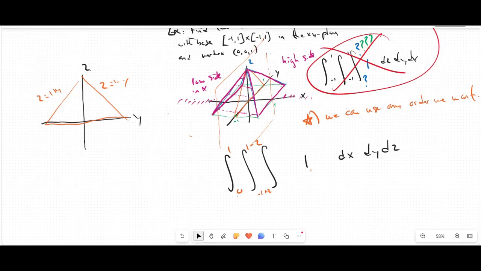So if you solve for y on this edge, you get y equals 1 minus z. And on this one, you get y equals z minus 1. Oh, that's what I put, -1 plus z. Okay, yeah. So the lower bound for y is z minus 1, or -1 plus z, and the upper bound is 1 minus z. Boom.